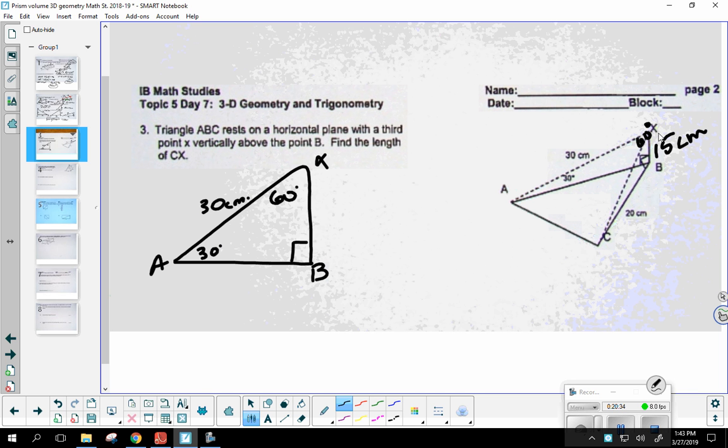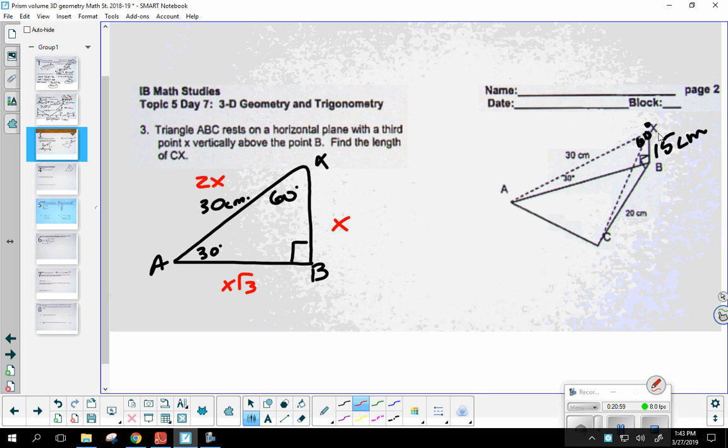Do you guys remember the relationship between the sides of a 30, 60, 90? The shortest side is across from what measure? Okay, so this would be x. What's the length of the hypotenuse with respect to the shorter leg? It's always double the shorter leg, so that's 2x. And then the longer leg with respect to the shorter leg is x square root of 3.